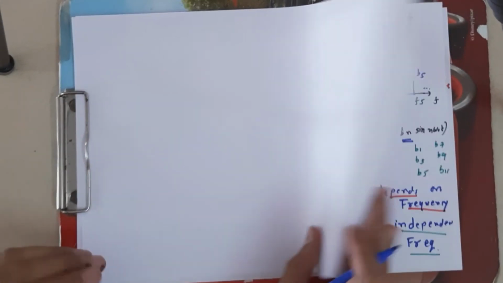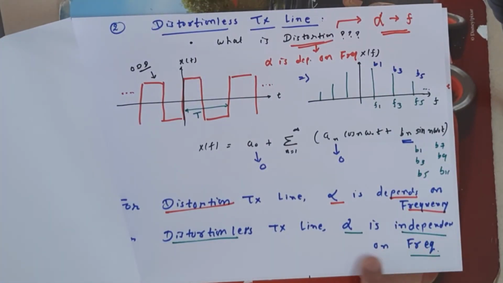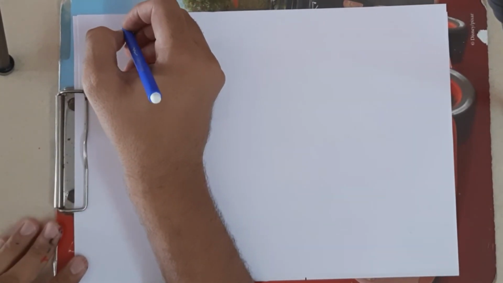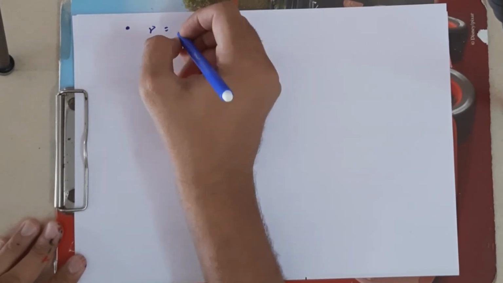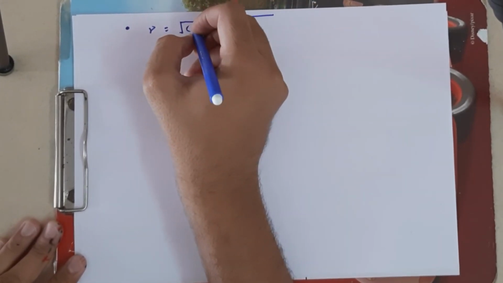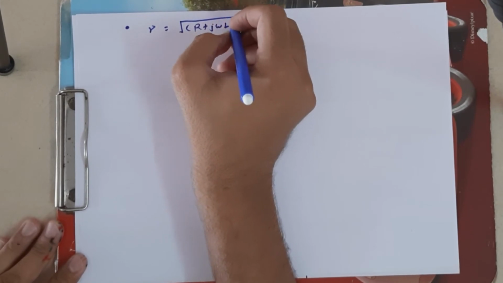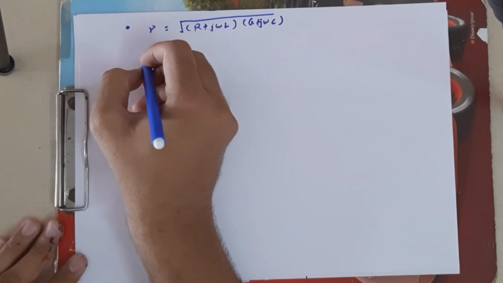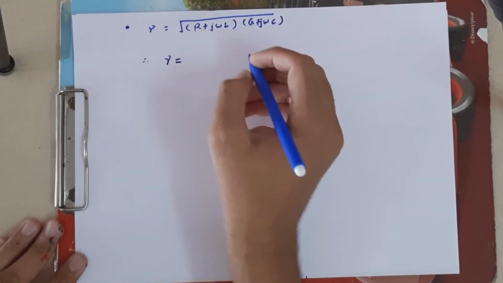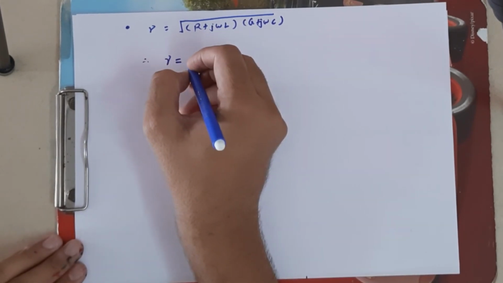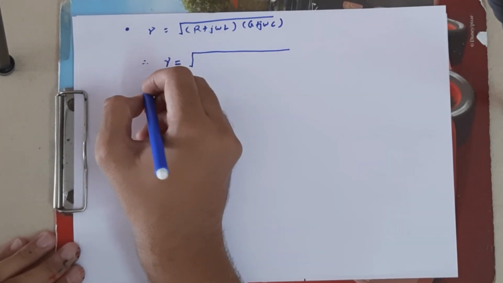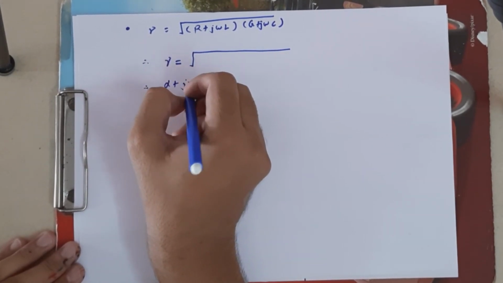For the distortionless transmission line, alpha is independent of frequency. Keep in mind. Here gamma is equal to, we know the equation of gamma, the square root of (R plus j omega L) times (G plus j omega C). We know that gamma is equal to alpha plus j beta.